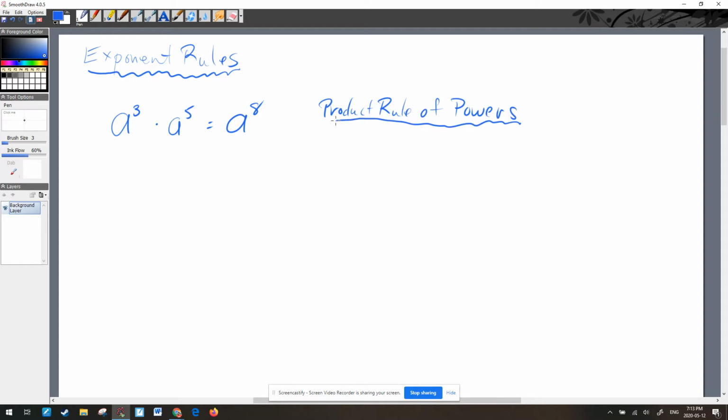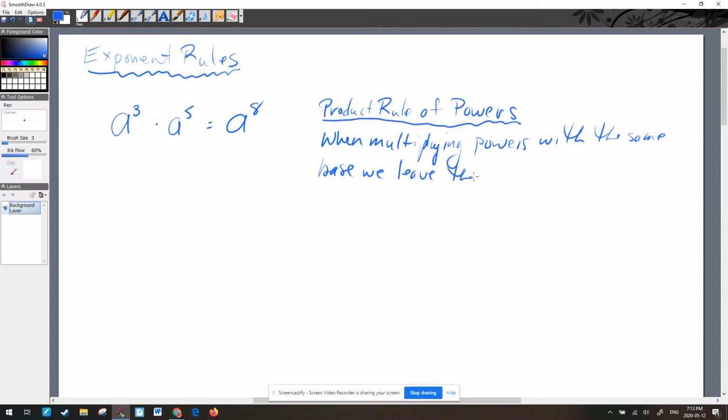And so it states that when multiplying powers with the same base, we leave the base unchanged and we add the exponents.